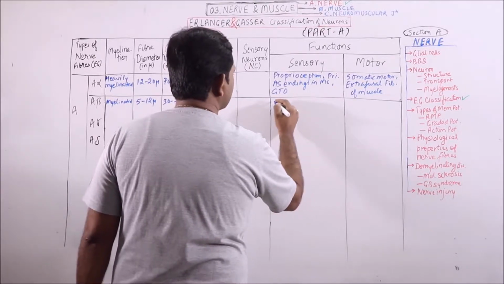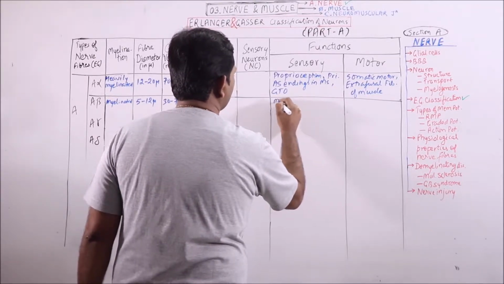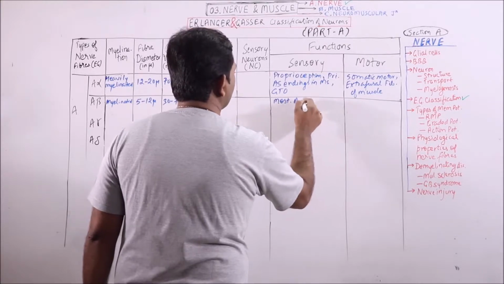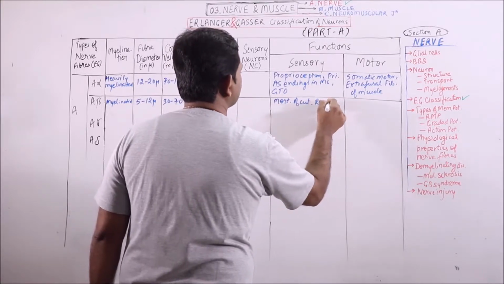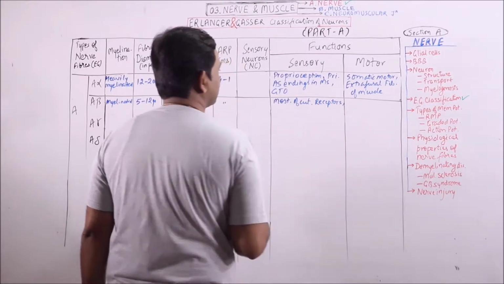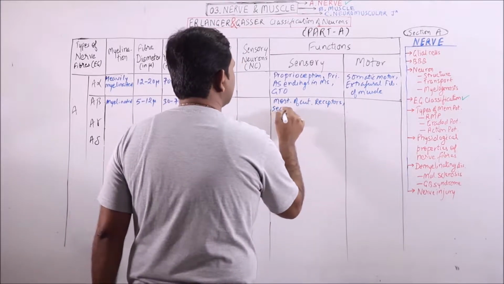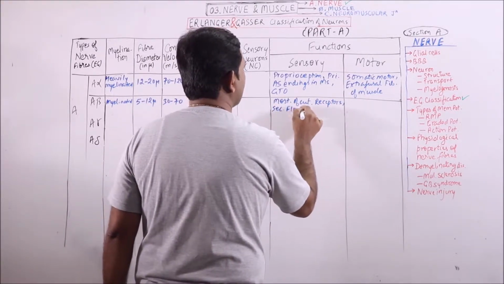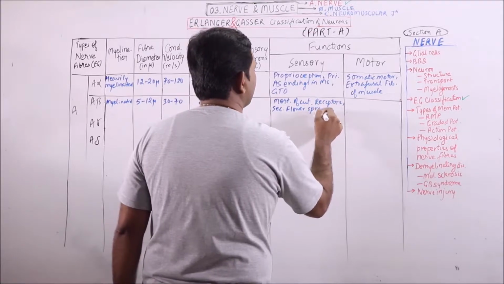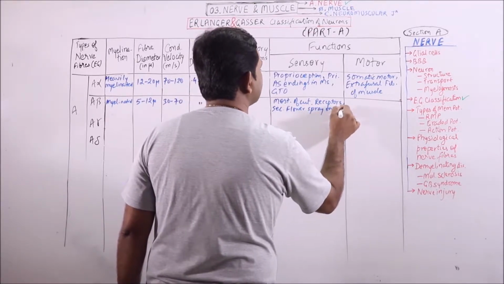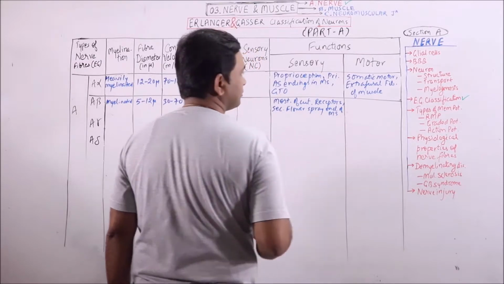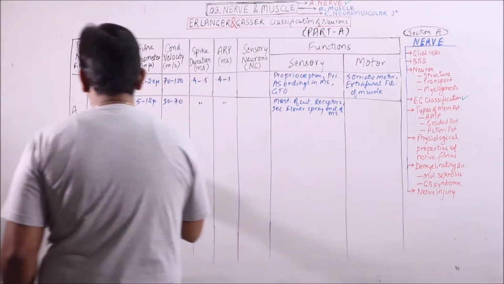And the functions are most of cutaneous receptors and secondary flower spray endings of muscle spindle. There are no motor functions.